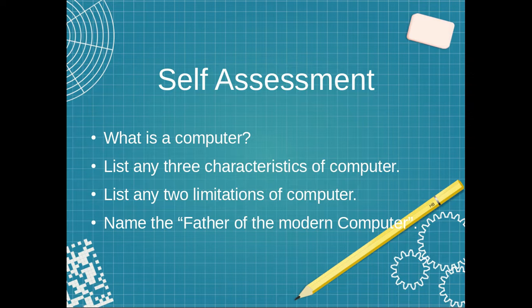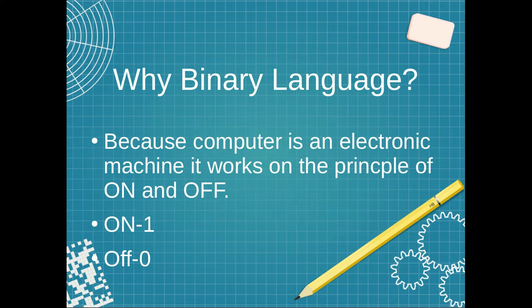So children, now that you have done your self-assessment, now comes the last part of the video. I told you I'll be discussing why computer understands only the binary language. So the answer is very simple. The definition of computer says, computer is an electronic machine.